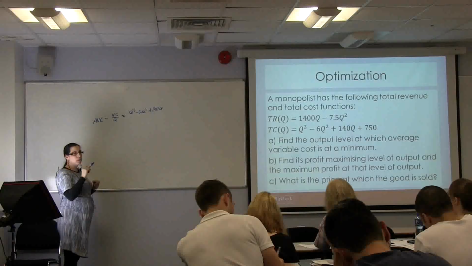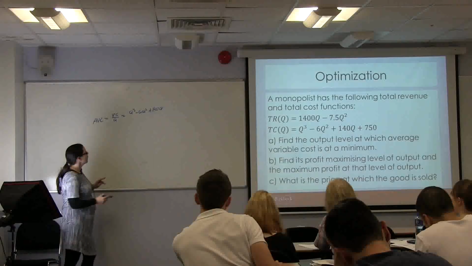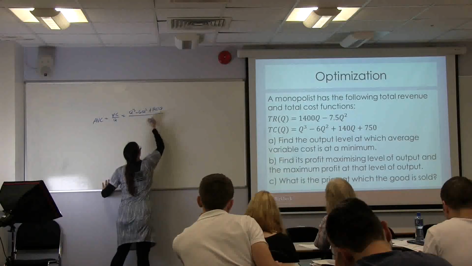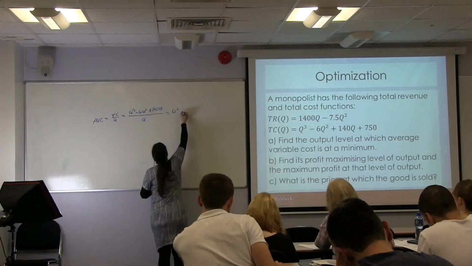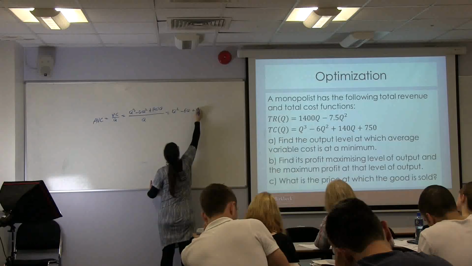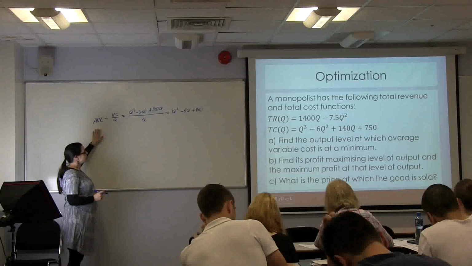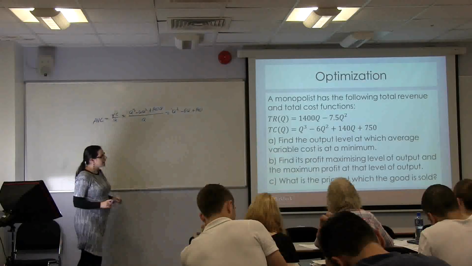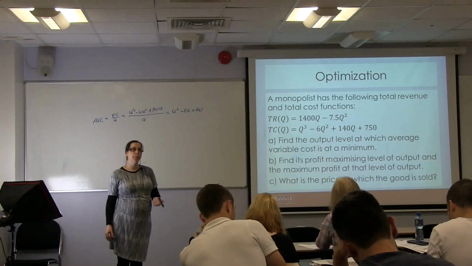The average total cost would be the total cost divided by the quantity. And I need to divide that by Q. So I end up with Q squared minus 6Q plus 140. So I identified what my average variable cost is. But now I need to find the output level at which this is minimum.